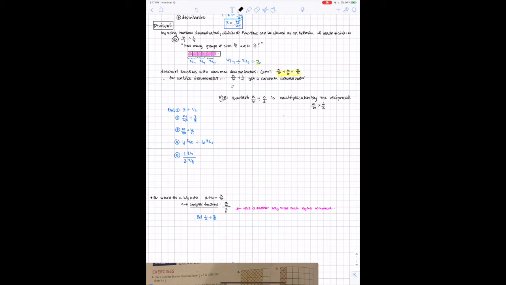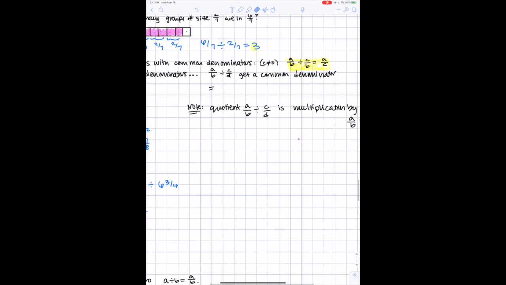So A over B, I would multiply by D over D. Let's zoom this in a little bit. Let's multiply by D over D. And C over D, we're going to multiply by B over B, because I want to get the same denominator of B times D or D times B.